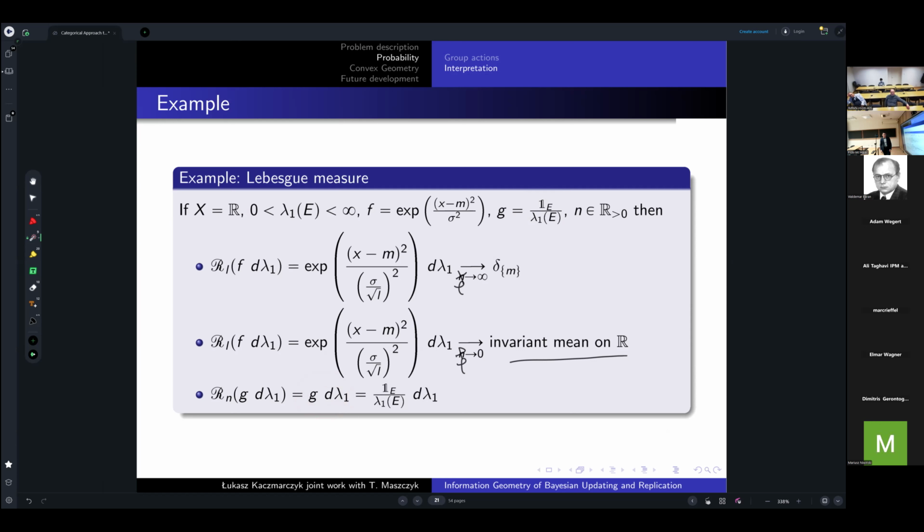And maybe it's just me, but if you take, for example, some fat Cantor set, I am unable to show which compact group acts on it freely and transitively to state that yes, it is a uniform distribution in the sense of action of a group, inheriting the measure from some set.